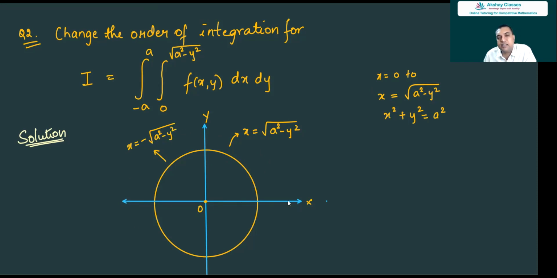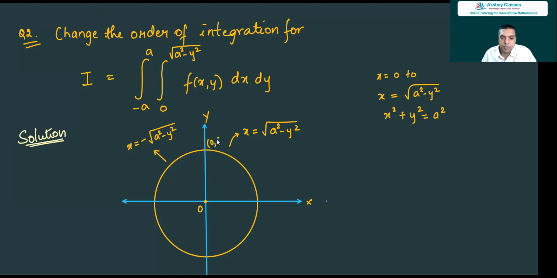This is the negative x, this is the positive x. So x varies from 0 to under root a square minus y square, means we get this region, and y varies from minus a to a.